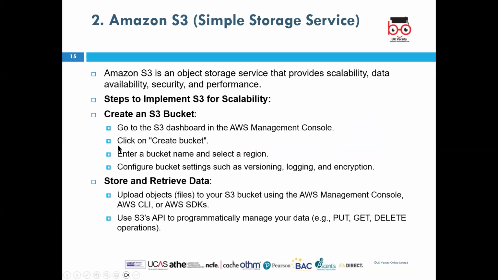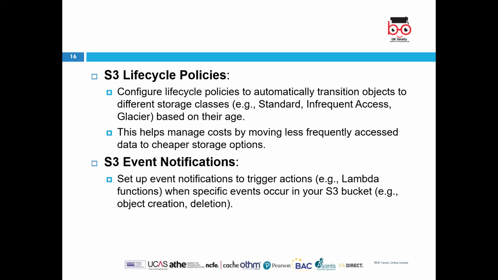So you now click on create bucket, enter the bucket name, and select the region where we're going to create this. Store and retrieve our data, so we can now upload our object files and PDF documents, whatever we need to store into it. Configure lifecycle.